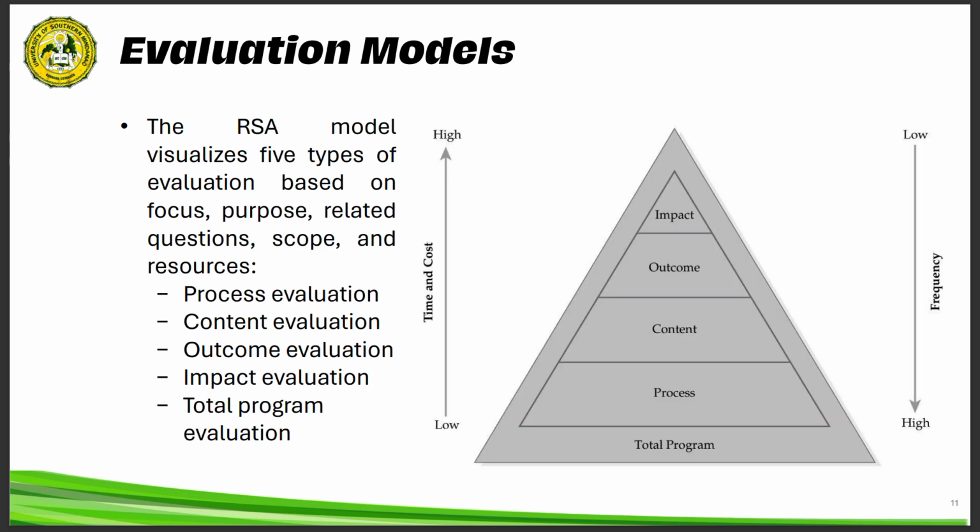So, the RSA model visualizes 5 types of evaluation based on focus, purpose, related questions, scope, and resources. It includes the process evaluation, content evaluation, outcome evaluation, impact evaluation, and total program evaluation.